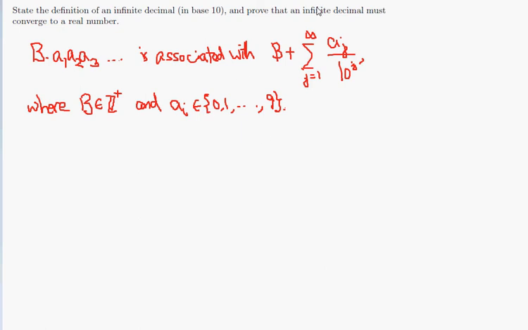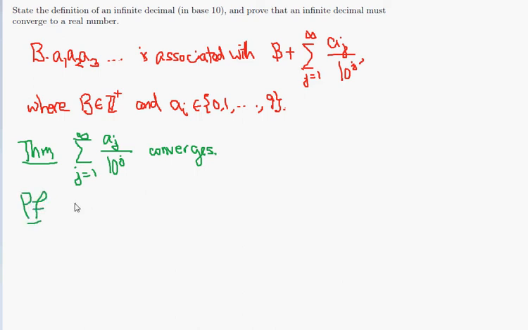Okay, now why must this converge? Well, this is an infinite sum, and so there's no guarantee that this converges. So theorem, this infinite sum converges. And the proof is basically by the dominated convergence theorem from calculus 2.